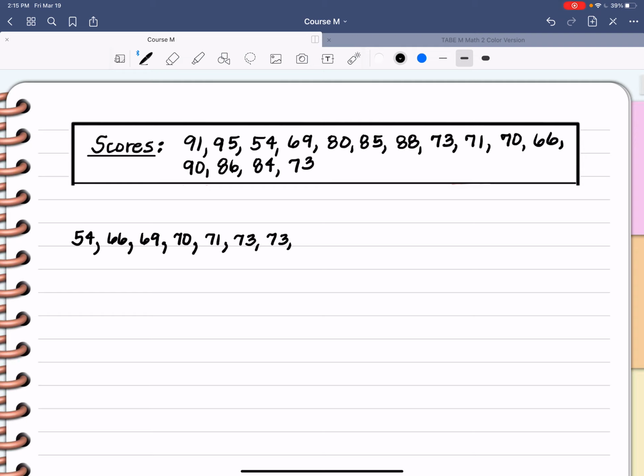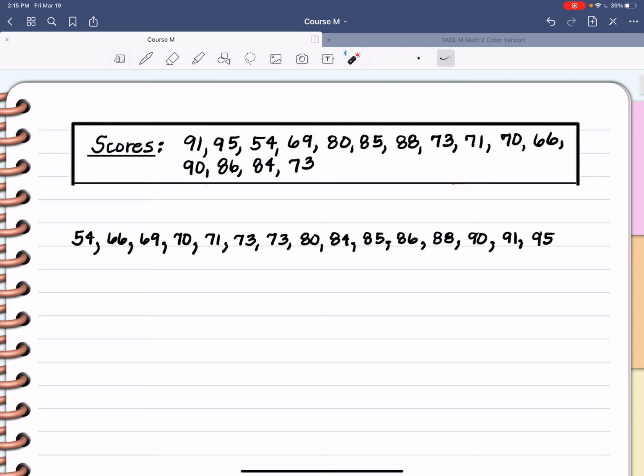And that looks like all the 70s. Then there's an 80, an 84, an 85, an 86, and an 88, a 90, a 91, and a 95.